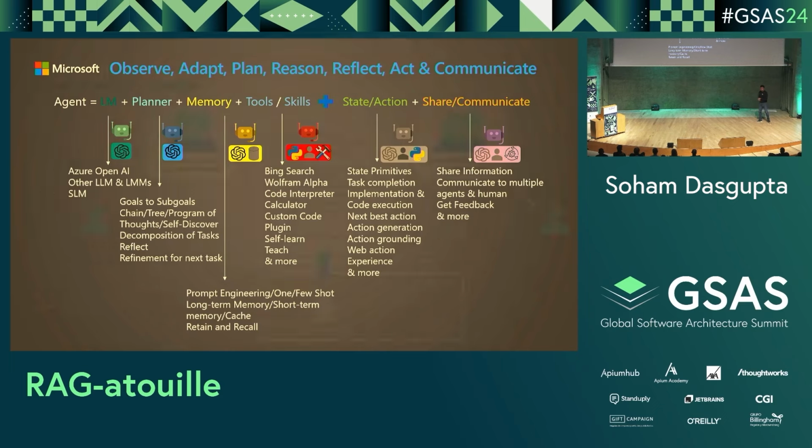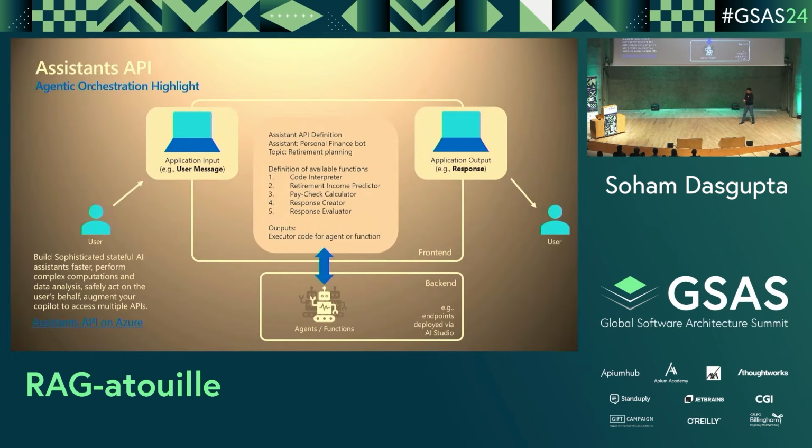And to tell you, the naive implementation of an agentic system is Assistants API. Have you guys heard about Assistants API from OpenAI? No one. OK. So Assistants API is on top of the OpenAI GPT models.